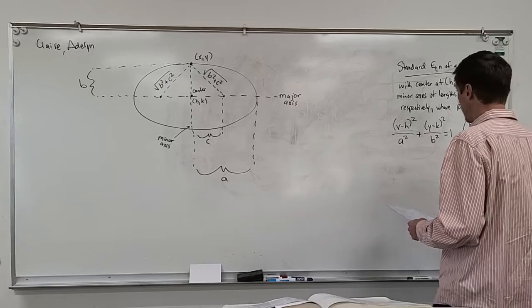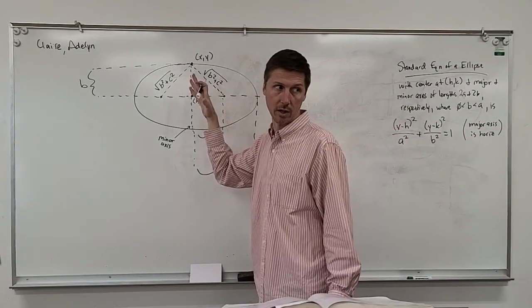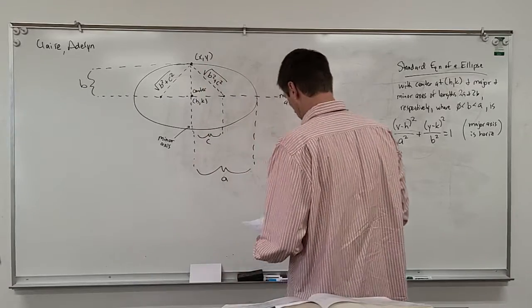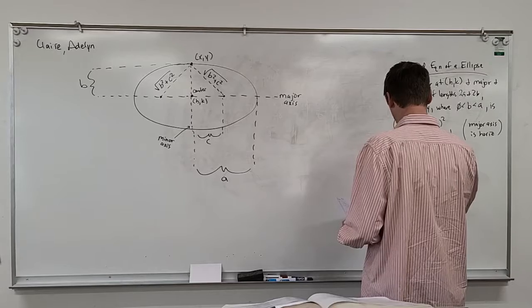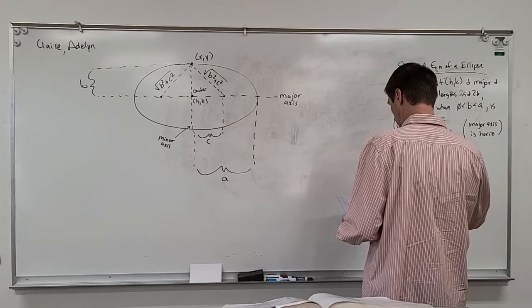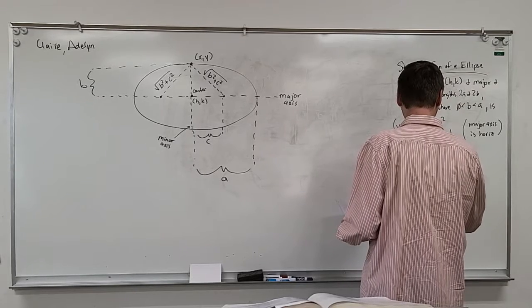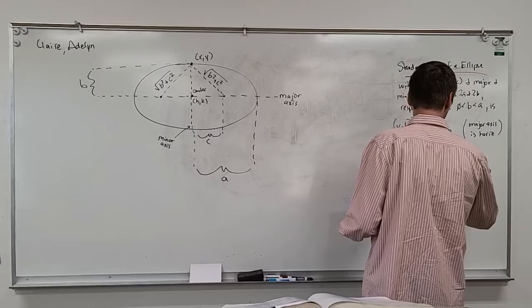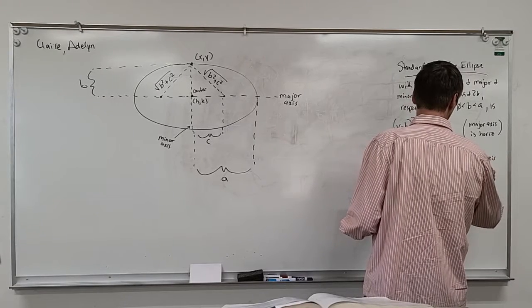So when it looks like our ellipse here looks, but of course this thing could be rotated 90 degrees and our major axis run vertical. So we have to have a different equation for when it's vertical. That's going to be x minus h squared over b squared. We just flip the location of the a squared and the b squared. Y minus k squared over a squared equals 1. And this is when the major axis is vertical.